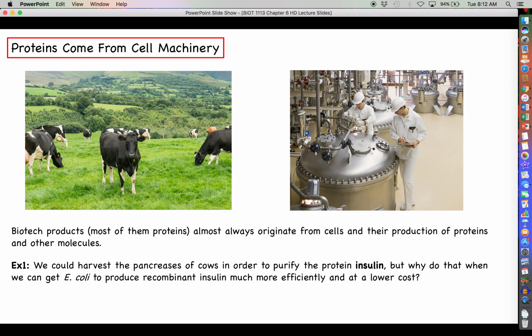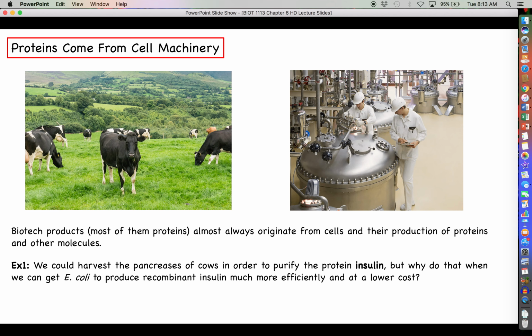So one example that we've looked at in the past is the case of insulin. If we're going to sell insulin on the market, we've got two different choices at our disposal. Now, we could take the hard route and harvest the pancreases of an animal like the cow that is going to be butchered for its meat anyway, and we can grind up the pancreases and purify the insulin contained within.